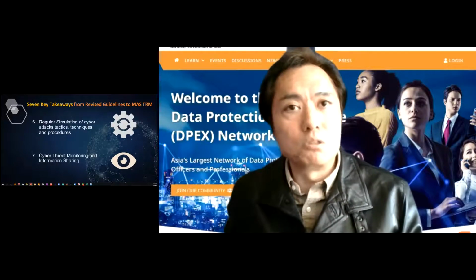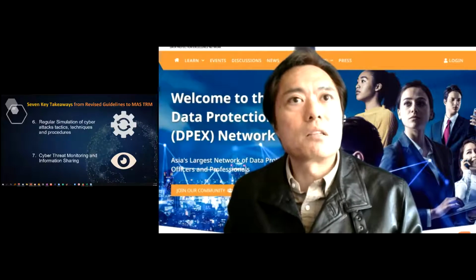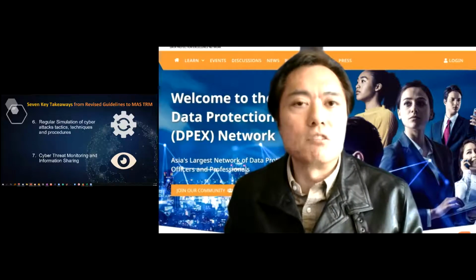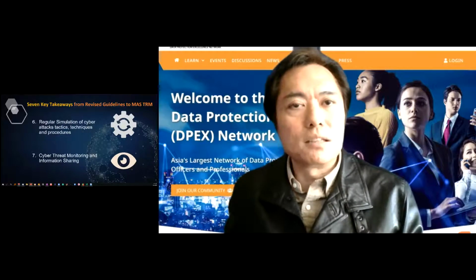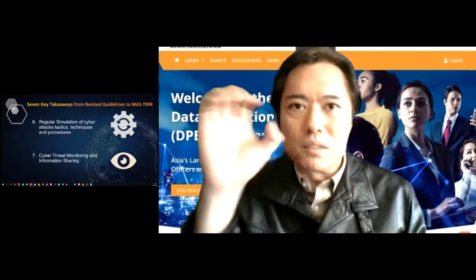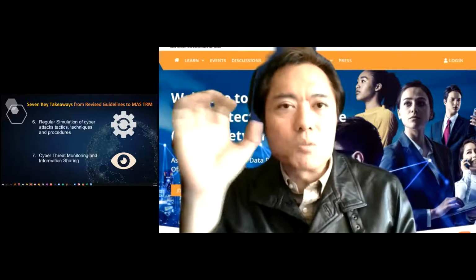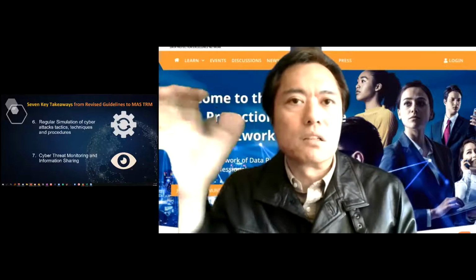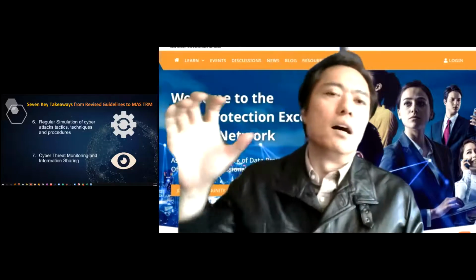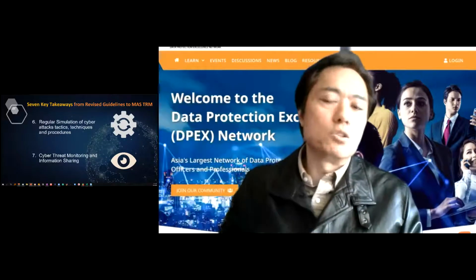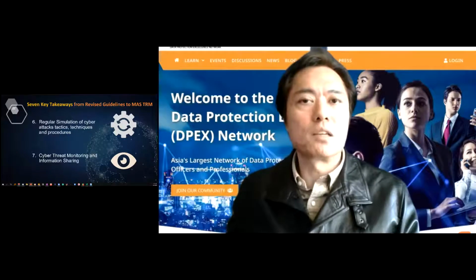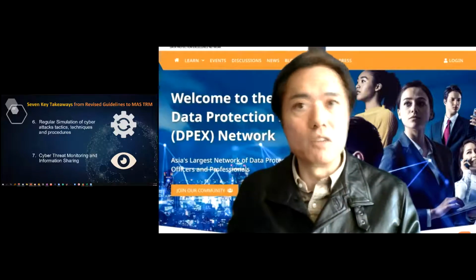MAS expect you to be able to do that, right? Threat monitoring and information sharing, right? Especially to regulators. So you can see, they are now tightening up, right, in terms of your third-party risk, because this has become a major issue coming out of 2020. Okay, so are you ready, whether you're a vendor or you have vendors?